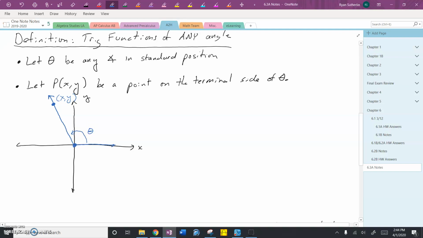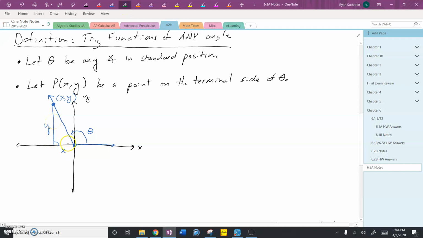What we can use to find the trig values of theta is that we always build the right triangle with the x-axis. This is my distance for x. This is my distance for y. Since it's in the second quadrant, x would be negative if I had a number here, and y would be positive.